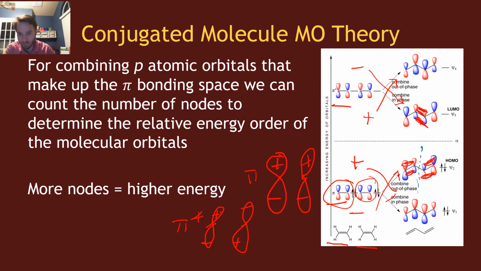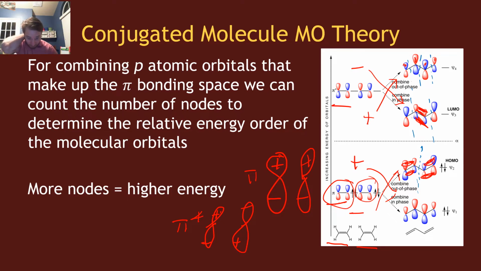In the third orbital, there are two nodes, and in the fourth orbital, there are three nodes. Basically there's a node wherever your wave function changes sign. It goes from red to blue, to red to blue, say in the very top psi 4 here.